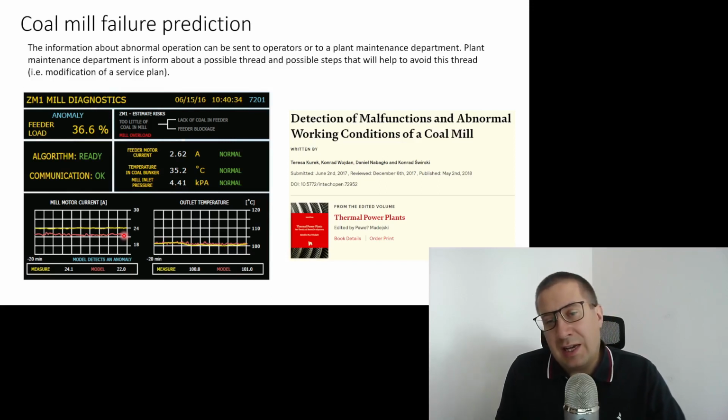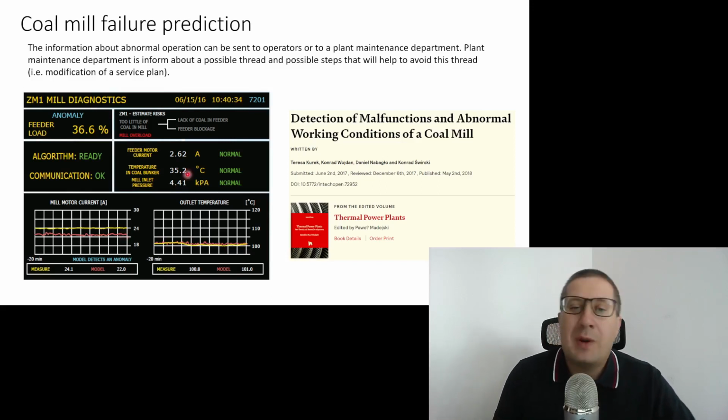This was done in one of the Polish power plants. You can read more about this in the book Thermal Power Plants, where we have a chapter about detection of malfunctions and abnormal working conditions of a coal mill.